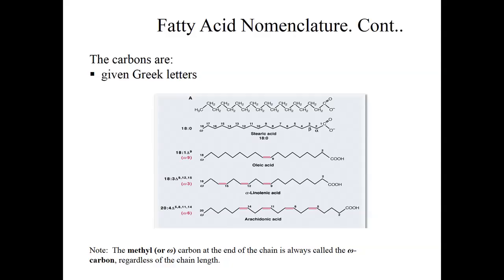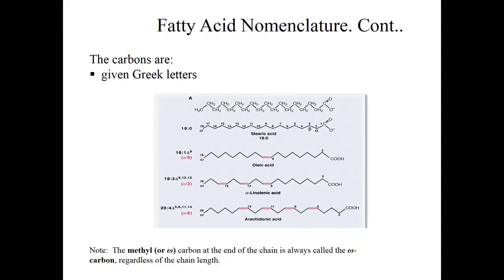Now the second carbon here, carbon number 2, is the alpha carbon, okay? So keep that in mind. So the alpha carbon is not the first carbon, it is the second one, beta, and so forth. Is that clear? And this is going to make sense when you start talking about the beta oxidation. So in the beta oxidation, the oxidation occurs at carbon number 3, which is the beta carbon.